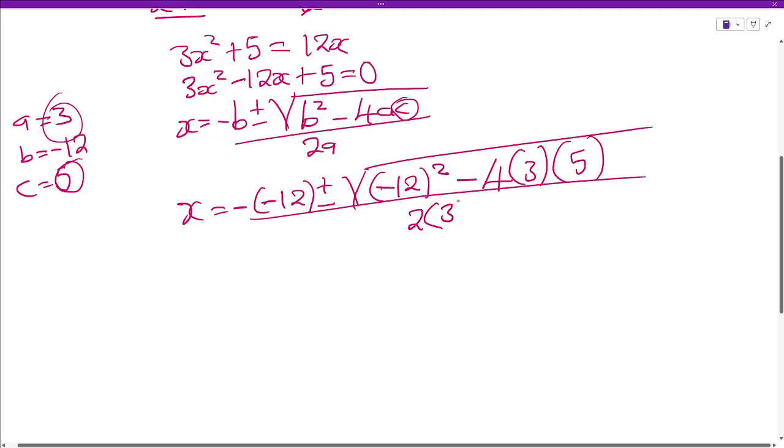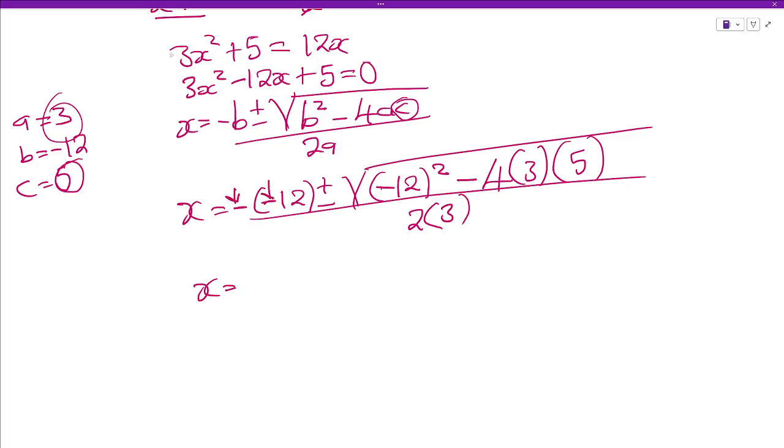So 2 times 3. So x will be equal to this negative here times this negative down there, gives us a positive 12, plus or minus the square root of negative 12 squared, which should give us positive 144. So again, make sure you apply the values, plugging them into your brackets.